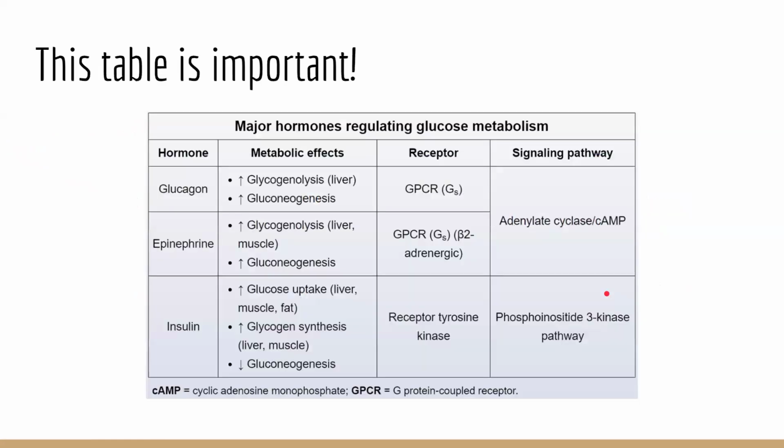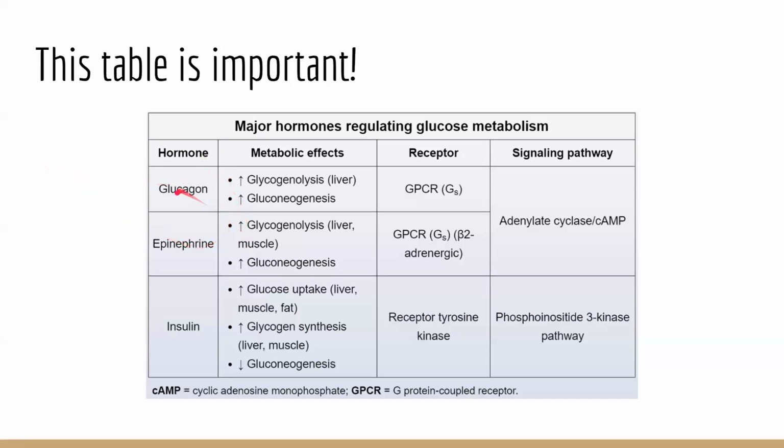This is a pretty big table, and he stressed its importance. So you need to know receptors, the signaling pathway, metabolic effects, synthesis, action. All of that is important. He mentioned this in the recording, so you should know this well.